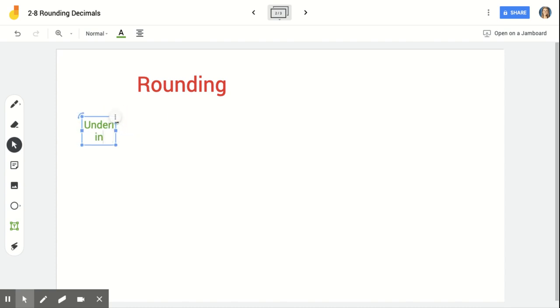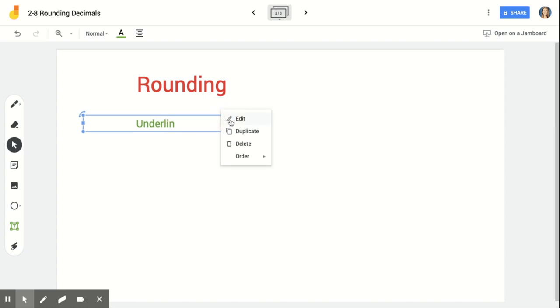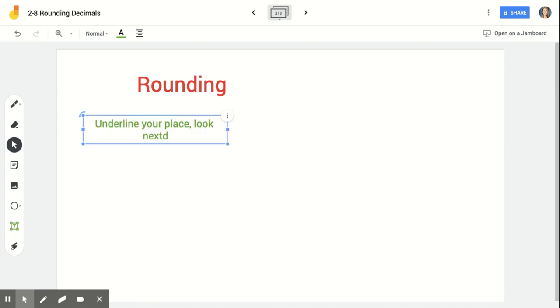Underline your place, look next door is the first line. And have this be on one line in your notebook, just like mine is. Underline your place, look next door, repeat that after me. Go ahead and have that entered into your notebook.